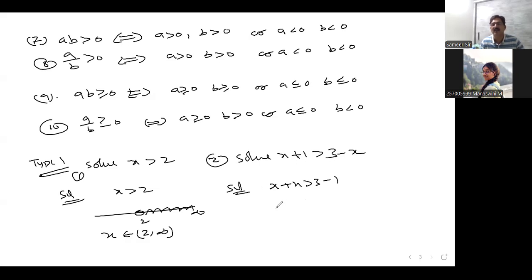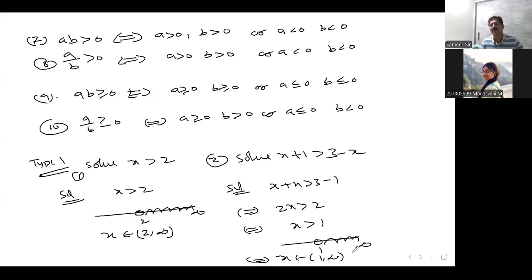It will be 2x greater than 2. So x is greater than 1. So this is 1 up to infinity. So what is the answer? x belongs to 1 to infinity, open.